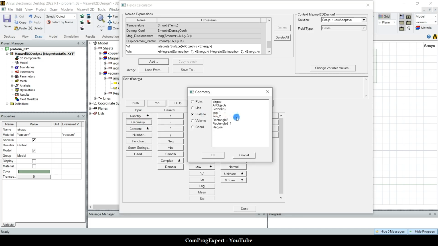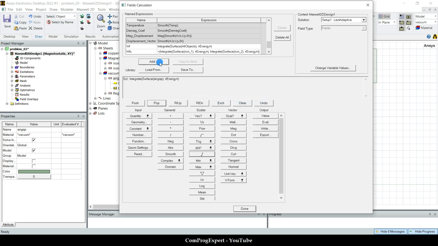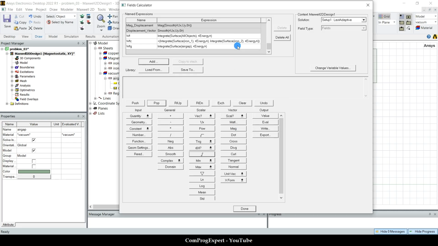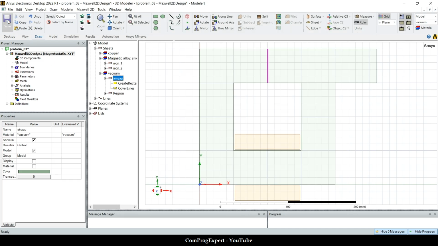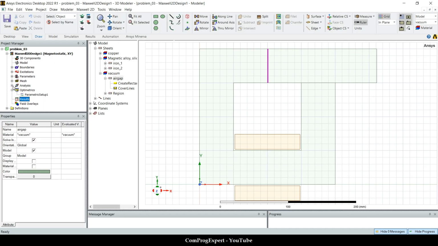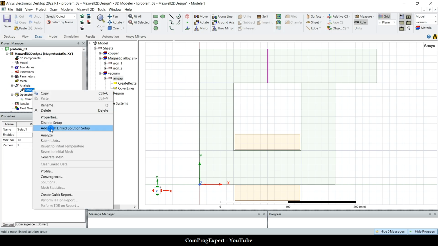Here, surfaces, air gap, calculate this integral. So this is the energy stored in the air gap. We segregated these two terms. Perfect software.